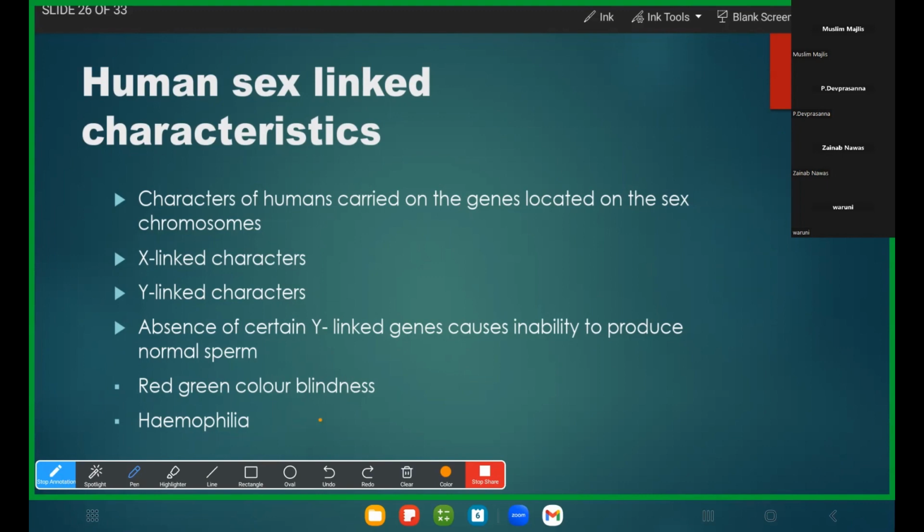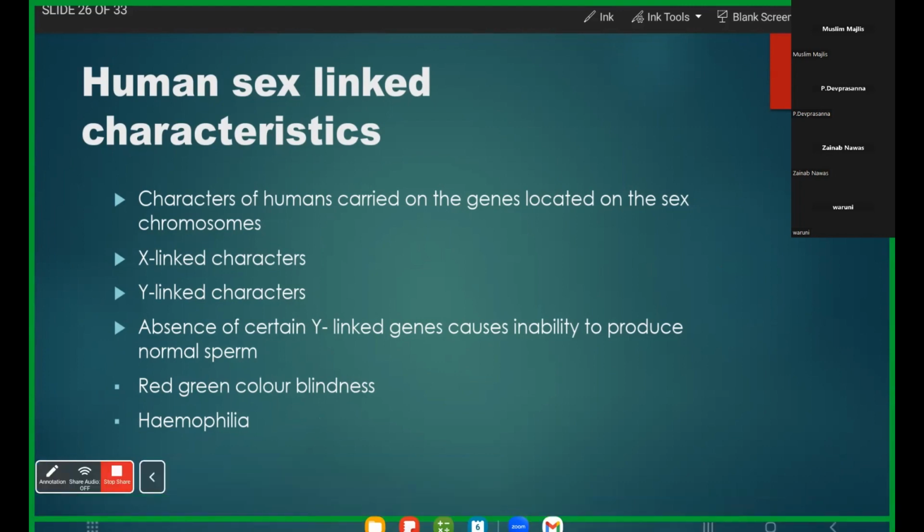These two are X-linked recessive disorders. Since they are recessive but X-linked, they are expressed more in men than in women.